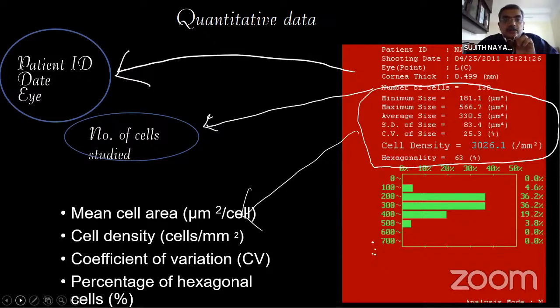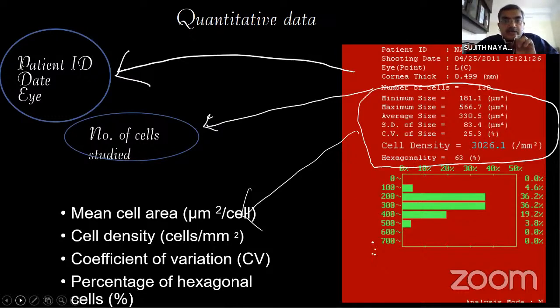You have to confirm that you are looking at the right person and right eye. Then you look at the number of cells studied, which should be more than 100. If it is not more than 100, you cannot take that study as a reliable one, because a small number of cells does not represent the actual condition of the cornea. In this case, it is 130, so it is taken as a reliable, good quality image.